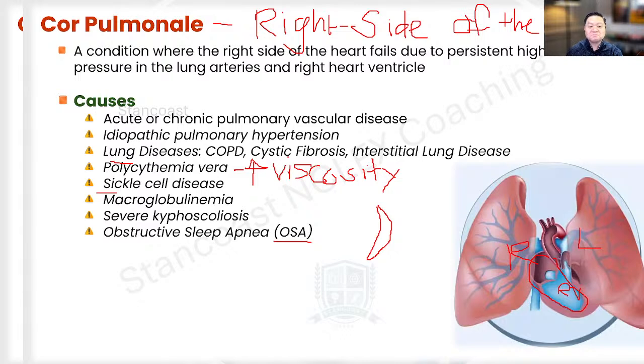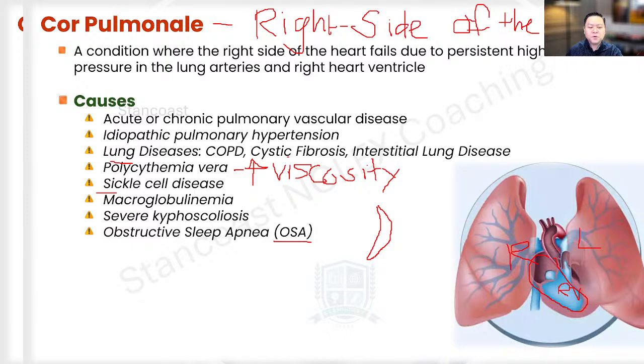Okay, so you see here the list is already long, but there are way too many others that I just don't want to include. But these are the primary causes of cor pulmonale, and this is really going to set up this type of condition.